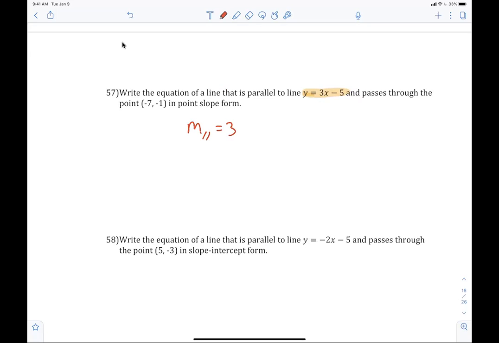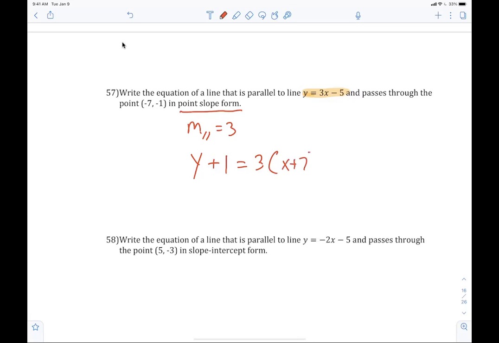All right, Aiden, so what's the equation in point slope form? Yep, y minus 1, so it'd be what? y minus negative 1, oh, y plus 1, equals 3 times, then my plus 7.